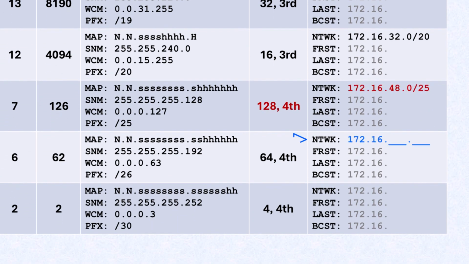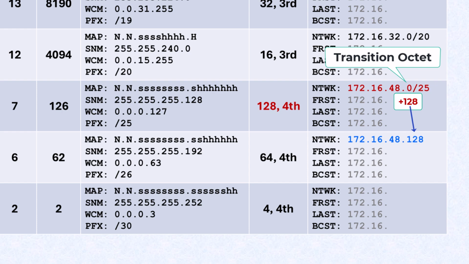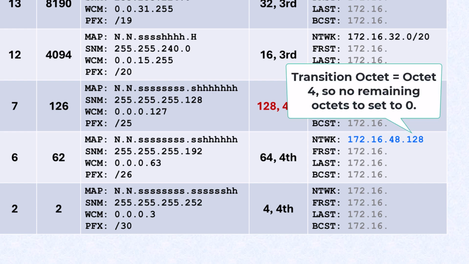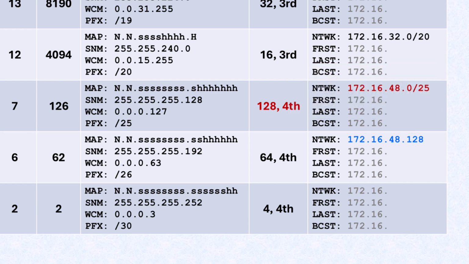For the fourth subnet ID, we need the interval, transition octet, and subnet ID of the previous subnet. Add the interval 128 to the transition octet, octet 4. Then set all remaining host bits to 0. In this case, since octet 4 is the last octet, there are no remaining host bits. Now apply the prefix length of /26.